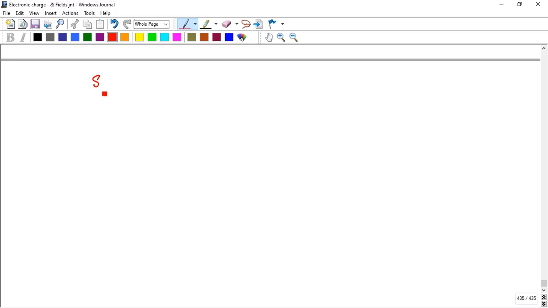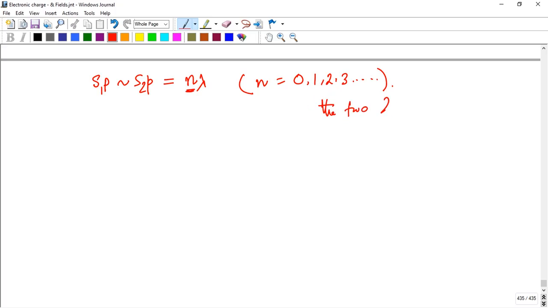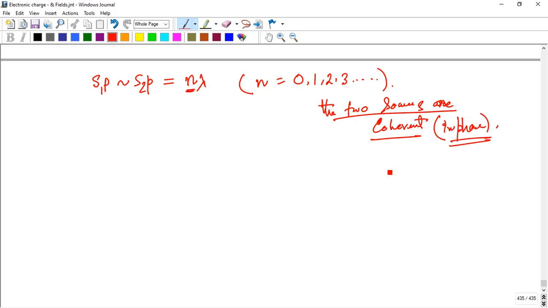If the path difference between S1P and S2P is n lambda, where n equals 0, 1, 2, 3 and so on, the two sources are coherent, meaning the two waves are in phase.